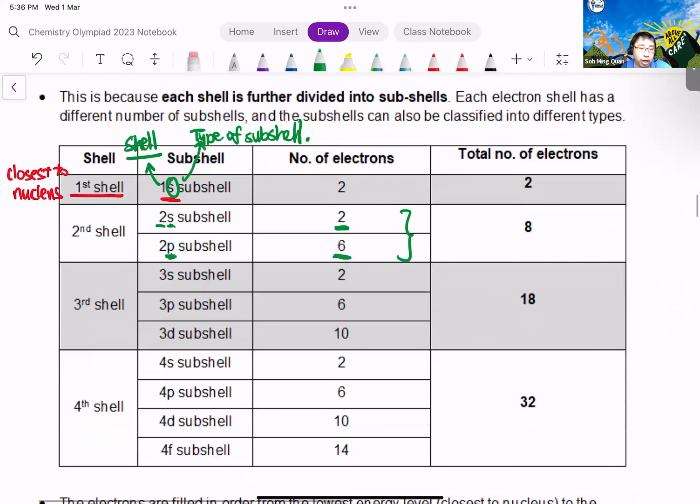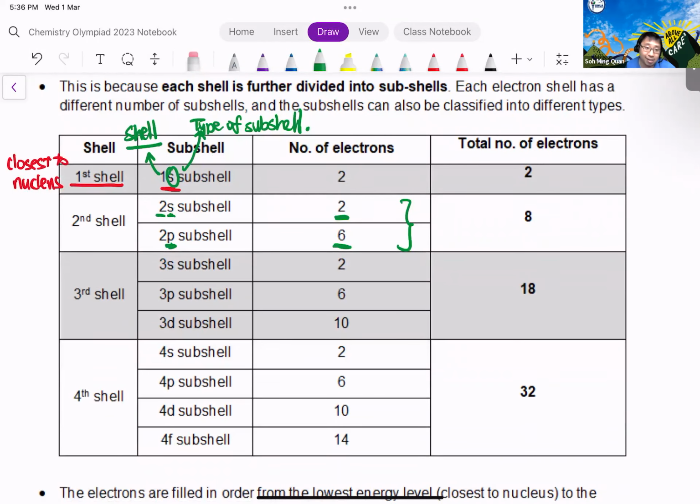Then we move on to the third shell. The third shell has 3s, 3p, 3d. 3s also 2, 3p, 6, 3d, 10. I'm sure you can start to see the number pattern, right? S, 2, P, 6, D, 10. So you're always adding 4 electrons from one subshell to the next type of subshell. Okay?